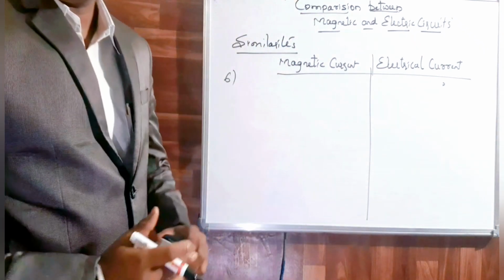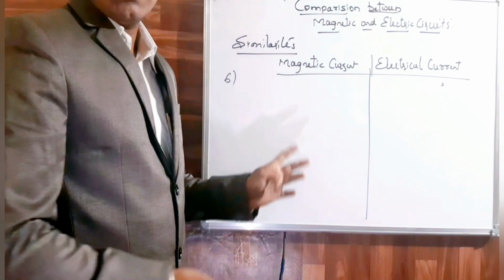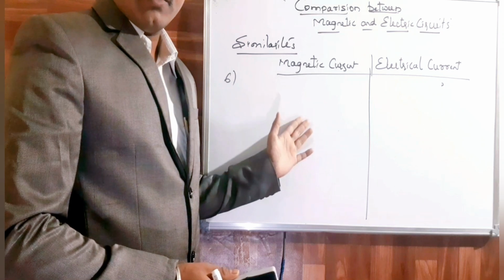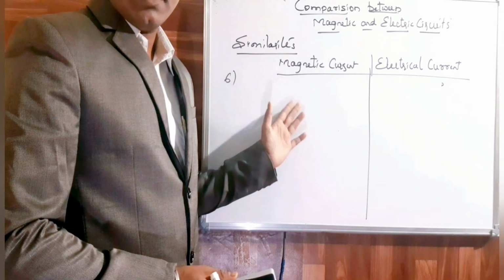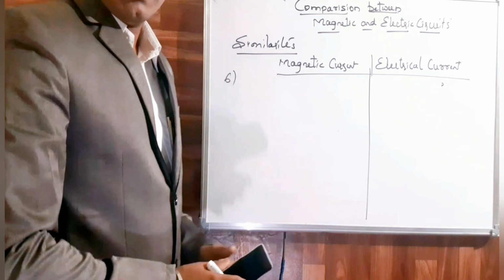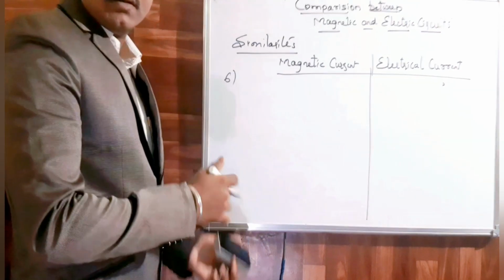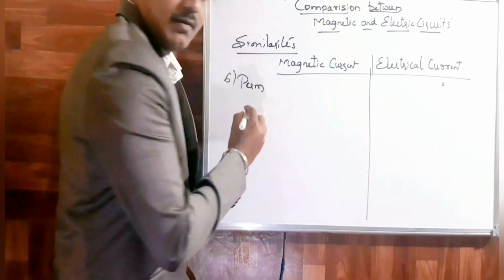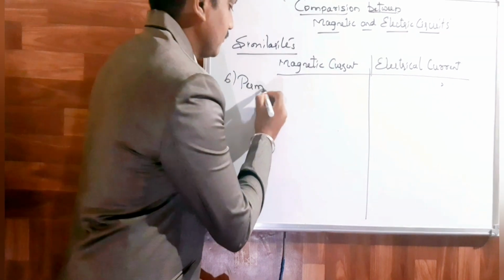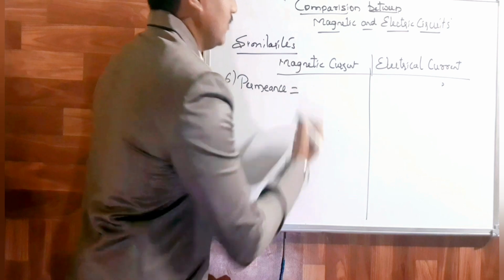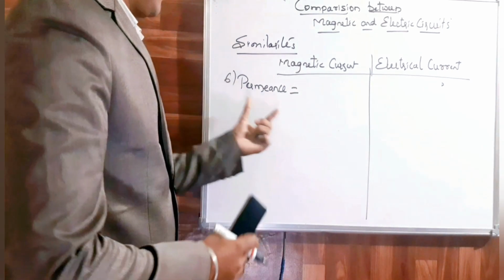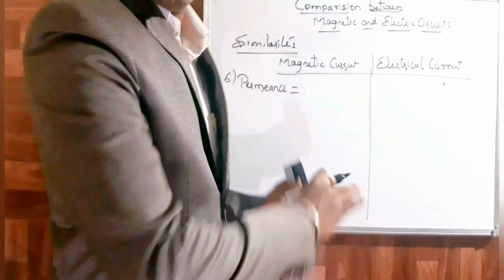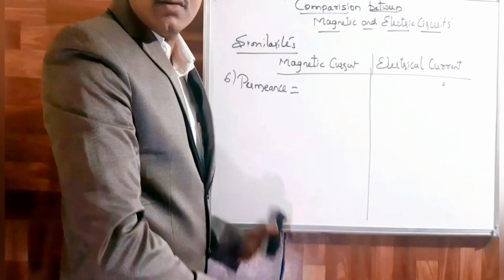In the magnetic circuit, we have discussed the flux, magnetomotive force, the unit of flux, flux density, and reluctance. The next one we have is permeance. I'll keep the formula blank and write the similarity for the electrical circuit later.